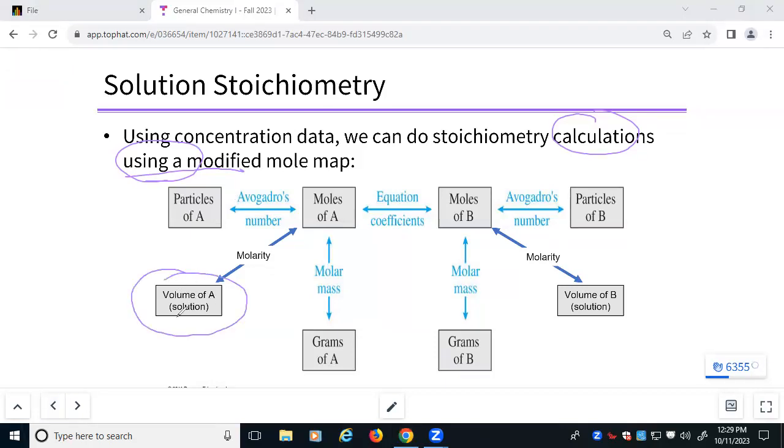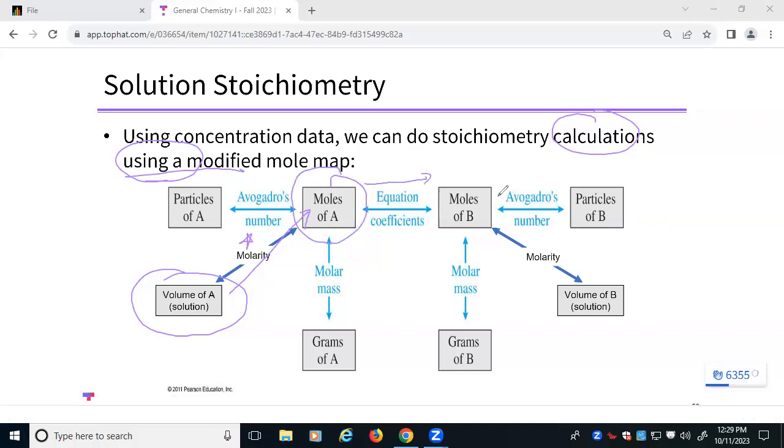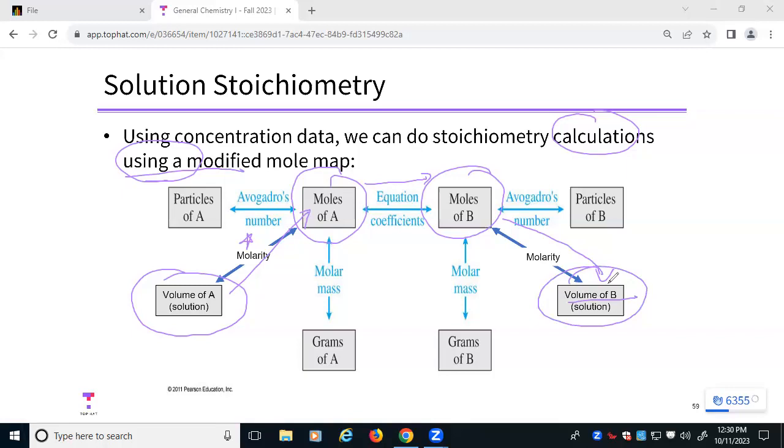We know the volume of a solution and its molarity. So we can use those two things together to figure out the number of moles of the silver nitrate. And from there, we can go from moles to moles. And since it's asking us for final volume, we can go from moles of the magnesium chloride to volume using the molarity there.